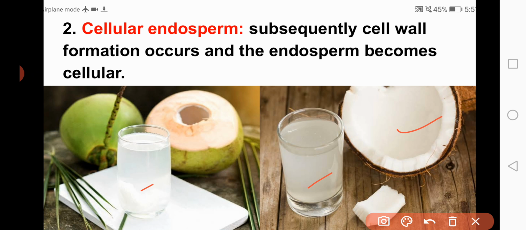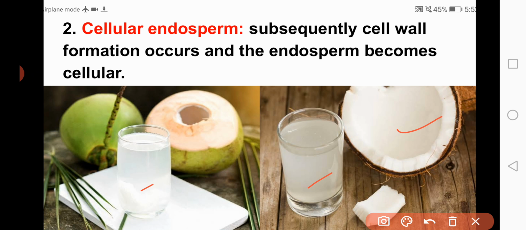Once again, I'll repeat: free nuclear endosperm and cellular endosperm. Free nuclear means the primary endosperm nucleus undergoes repeated divisions to form many nuclei, and here cell wall formation does not take place.